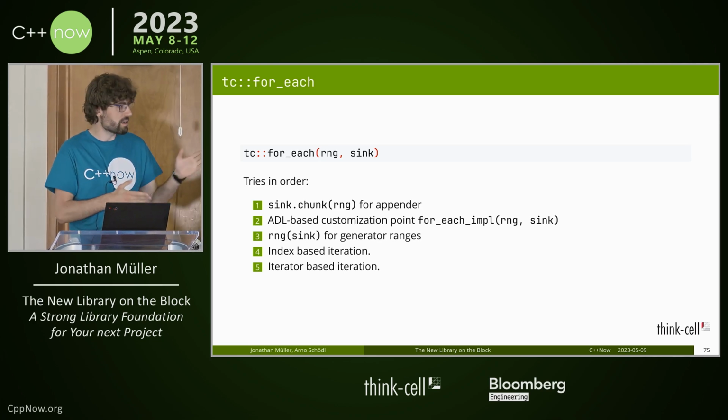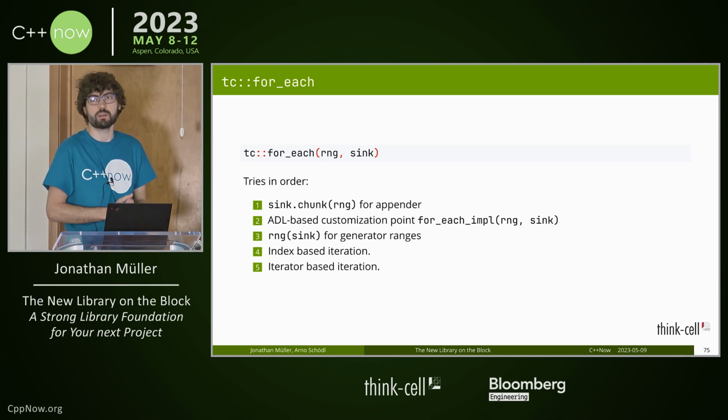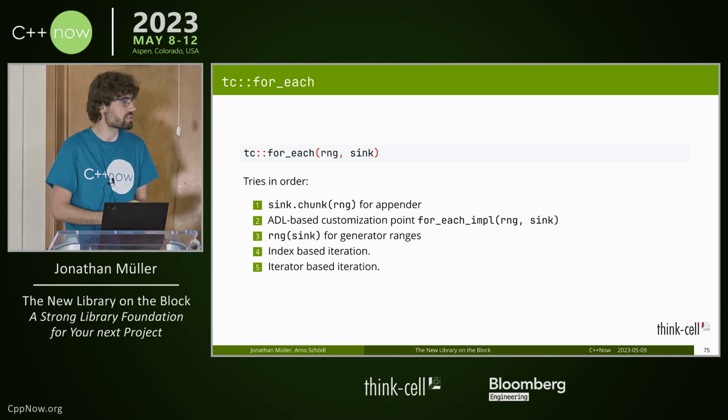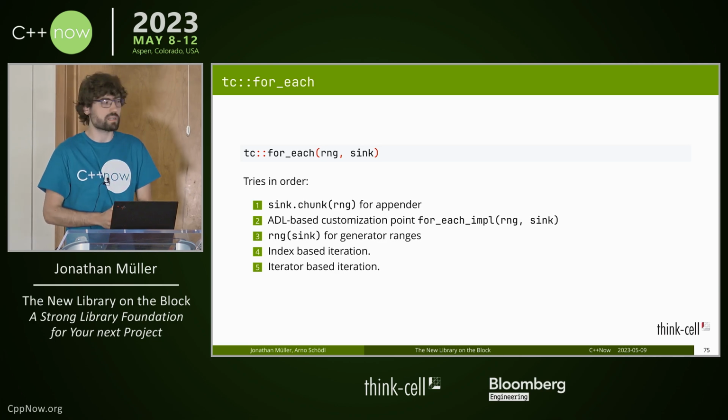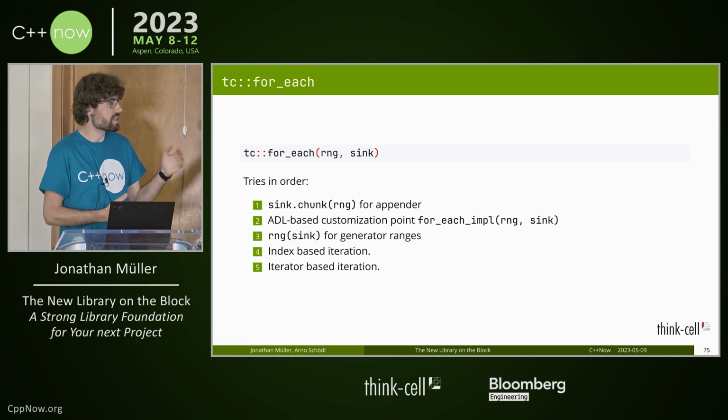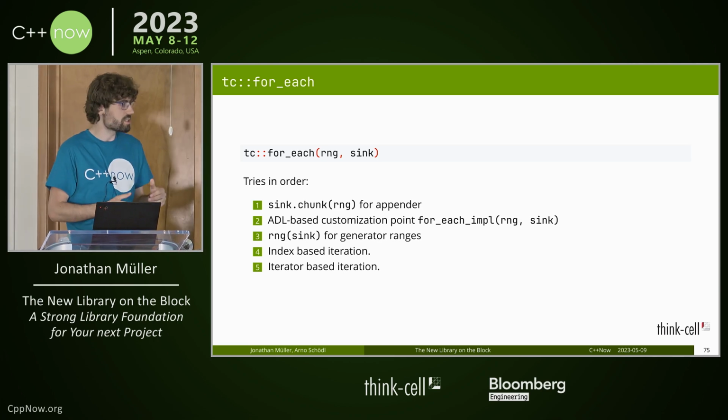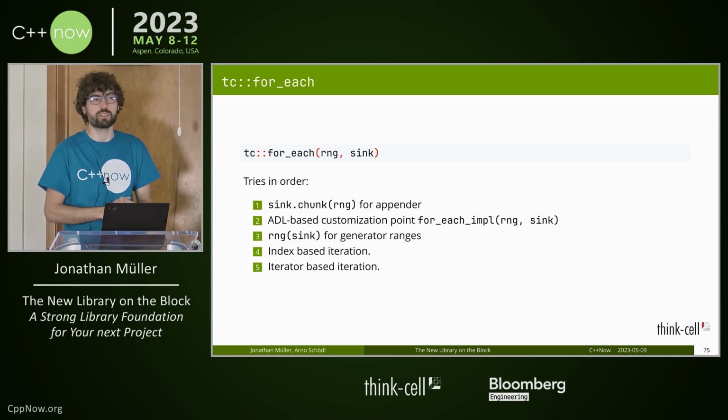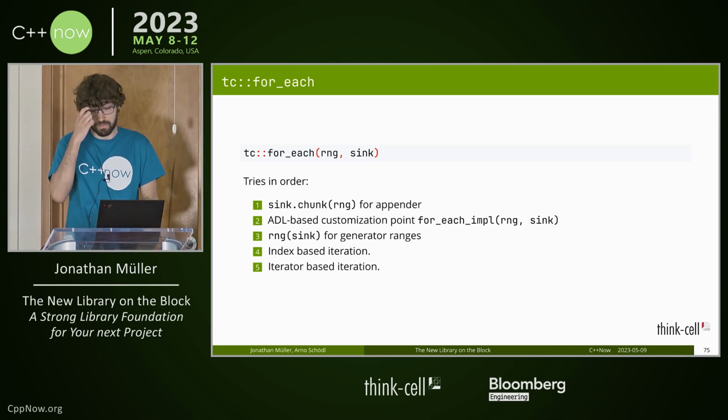If the range is a generator range, we just use the generator interface for performance reasons, so we just pass the sink in, and it will be automatically invoked. Otherwise, we try index-based iteration, and if that doesn't work either, then we use iterator-based iteration. So it just does the most efficient way possible to do a for_each on each element.